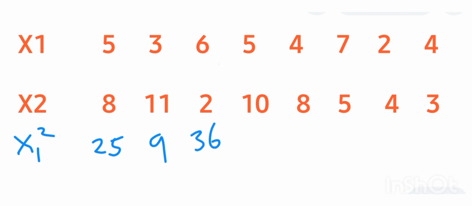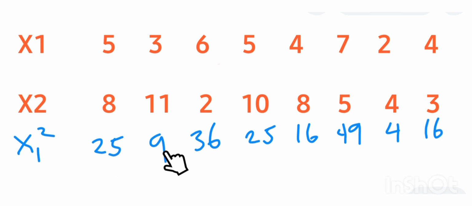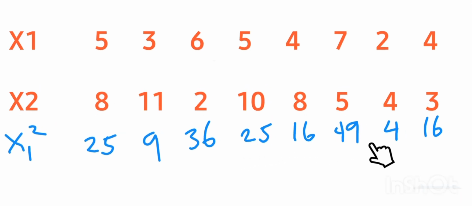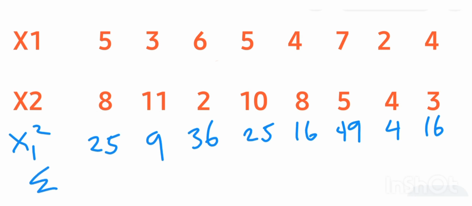And lastly, 4 square gives 16. And so the summation of all these values, 25 plus 9 plus 36 plus 25 plus 16 plus 49 plus 4, and lastly plus 16, gives summation S1 square equals 180.